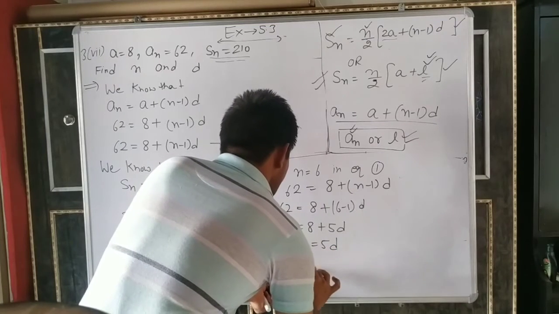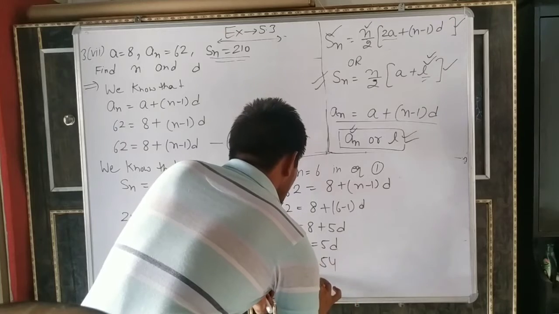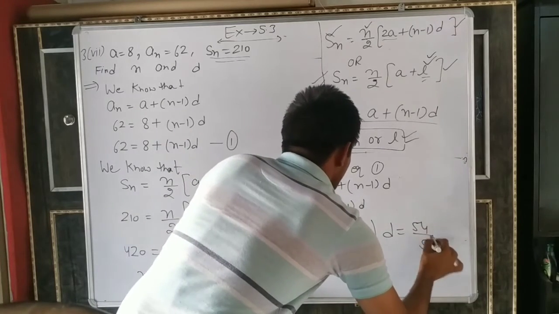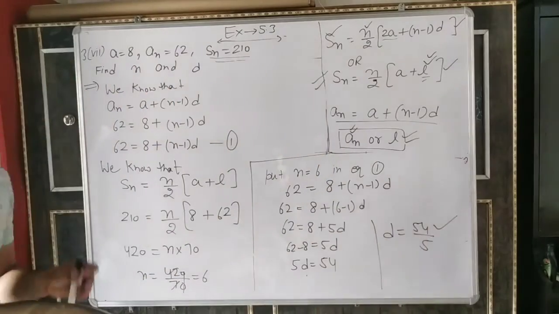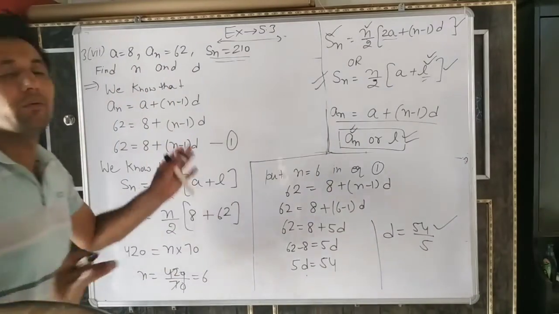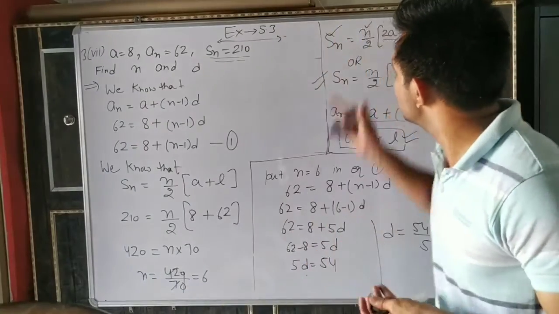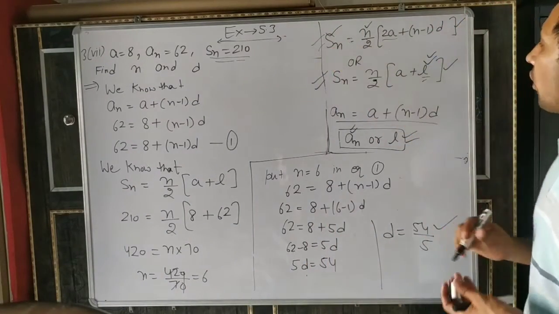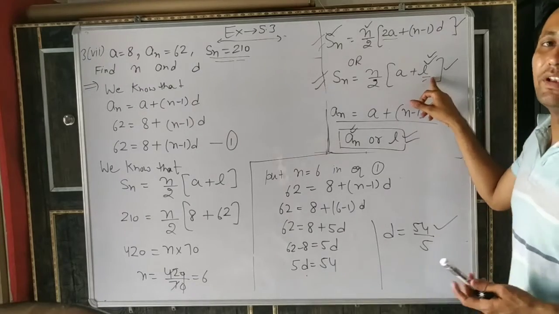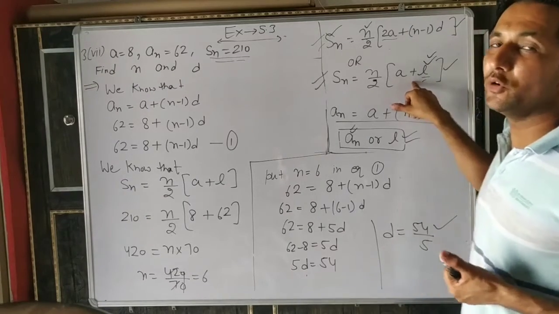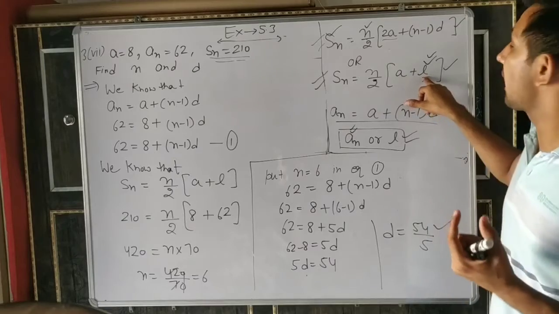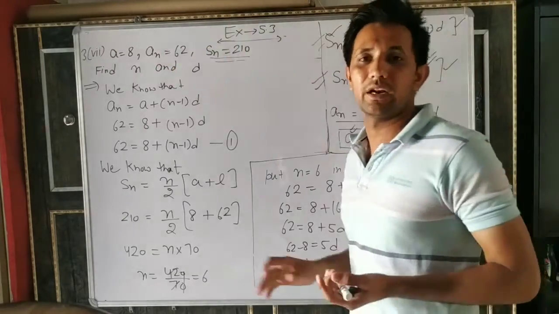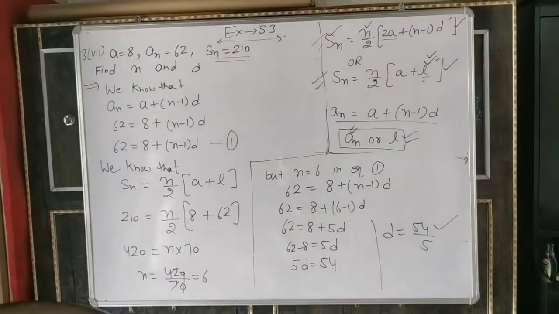So 5d equal to 54. So d equal to 54 divided by 5. Understand here? We only use whatever is given in the question and use these formulas. Both these two formulas are the same, but this formula will be used whenever l or the last term is given, that is, an or the nth term is given. Understand? So please note it down.